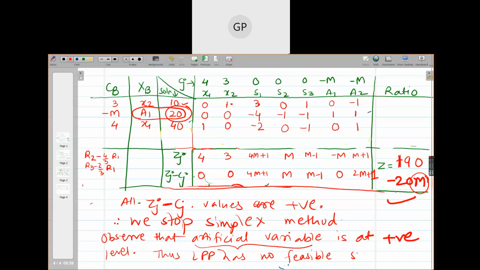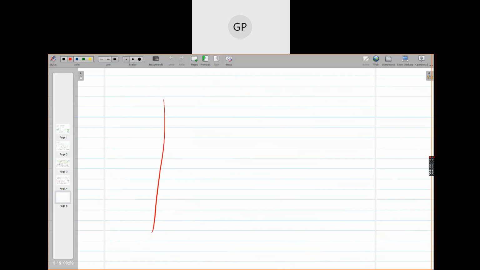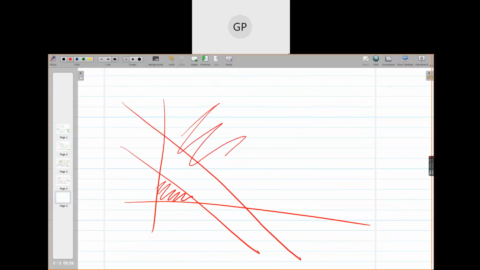Now, as this is a two variables problem, you can actually draw the graph of these constraints and you can see that there is no common feasible region. Okay, in graphical method we have seen this case. No feasible region कब आता है कि suppose आपकी constraints ऐसी draw होती है. ओके, फर्स्ट कंस्ट्रेंट का फिजिबल रीजन ये है और दूसरी कंस्ट्रेंट का फिजिबल रीजन ये है. So there is no common feasible region.